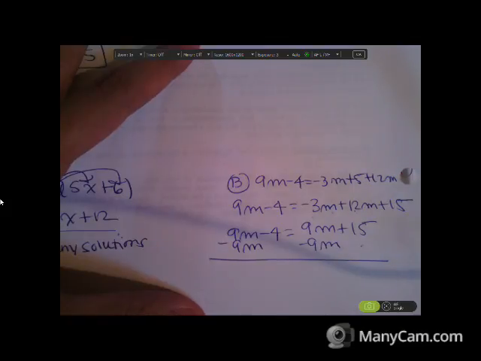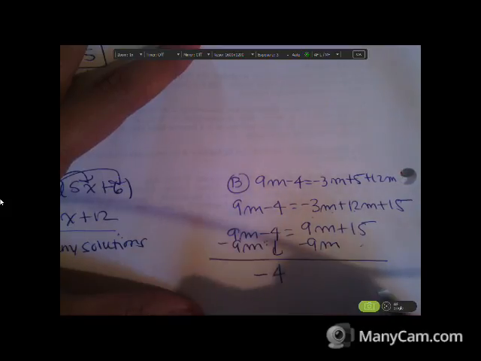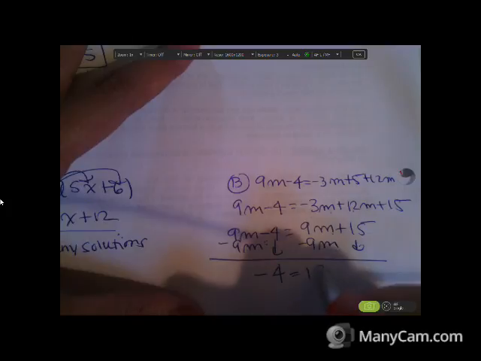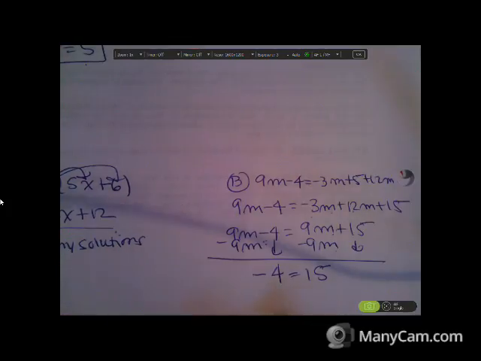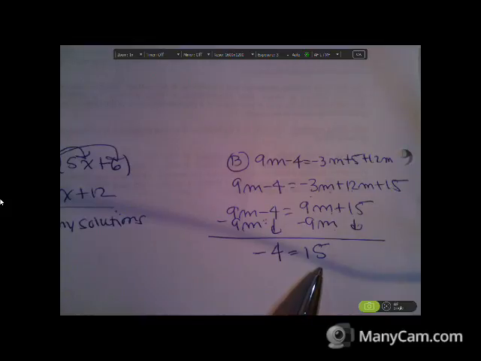And when I do, 9m minus 9m is 0. The 4 drops down, but don't forget this negative right here. Negative 4. 9m minus 9m is 0, so the 15 drops down. So you see, negative 4 equals 15. Well, you know that's certainly not right.